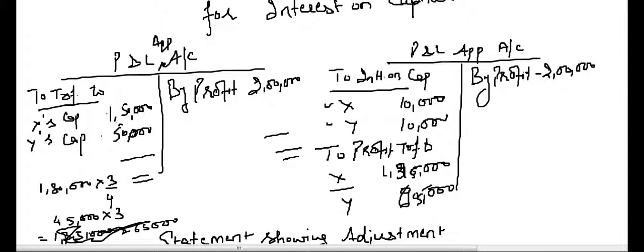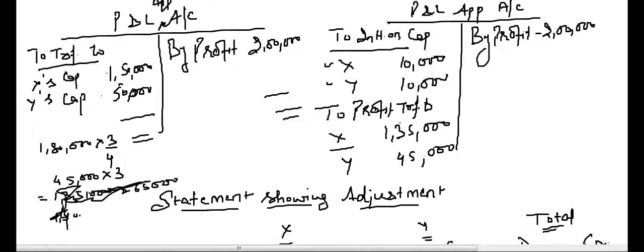What should have been the actual profit and loss appropriation account? It should have been profit 2 lakhs. Then first the interest on capital is to be provided as 10,000 and 10,000, total of 20,000 as interest on capital, and the remaining 1,80,000 is to be distributed among the partners. Now this figure comes to 1,35,000 and 45,000.